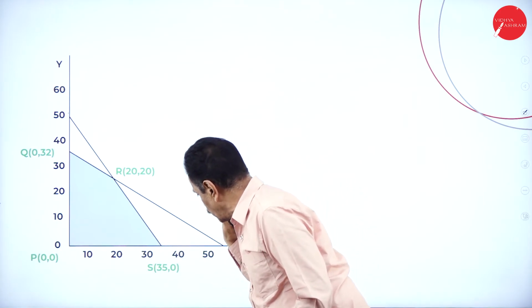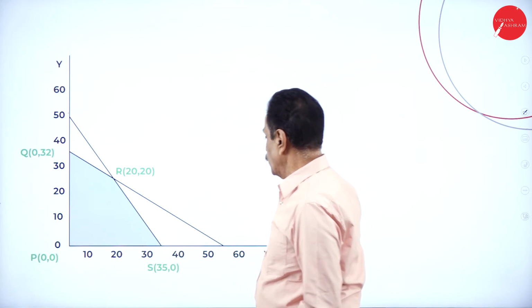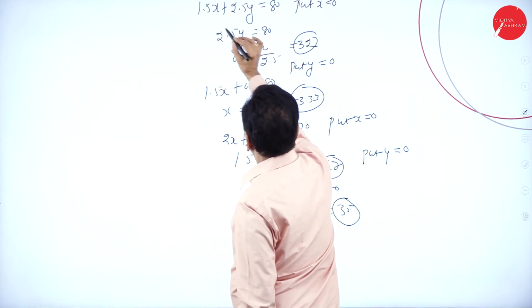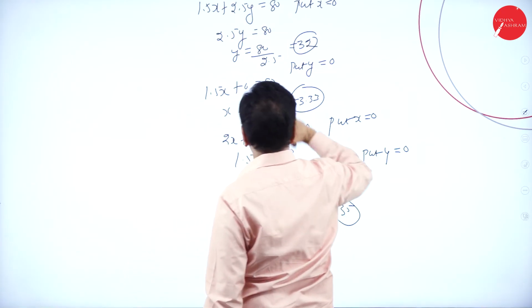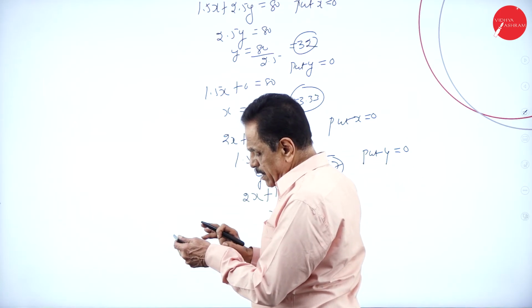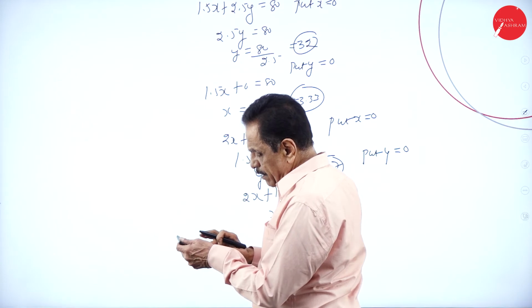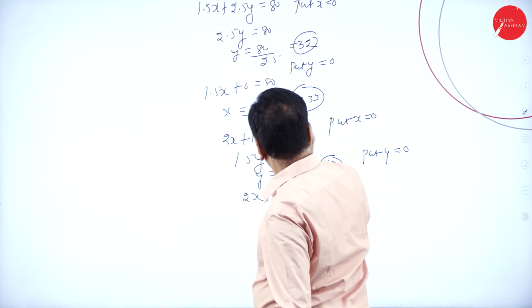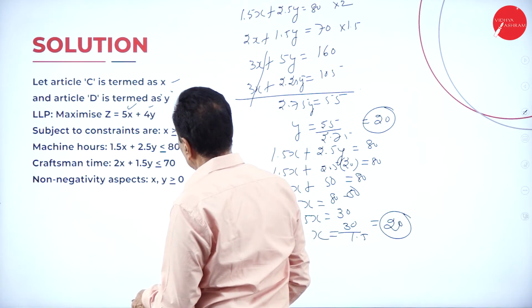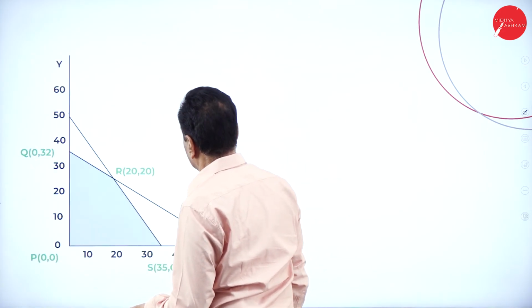Putting x as 0, 2.5y is 80, and 80 divided by 2.5 is 32.